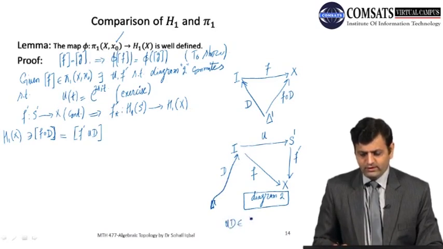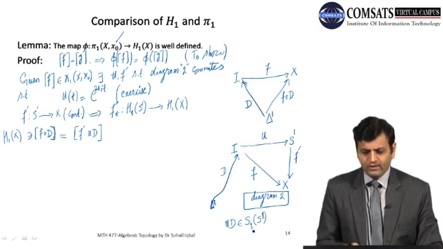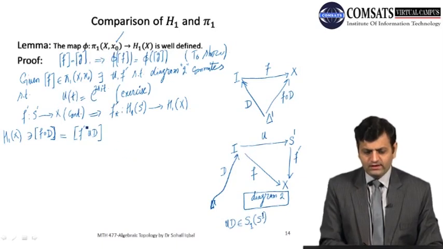This belongs to S1 of S1, singular 1 simplices, so the free abelian group generated by the singular 1 simplices of this circle S1. And now we take the image of this, so this is equal to f prime lower star of the class of ud. So that's our first observation.